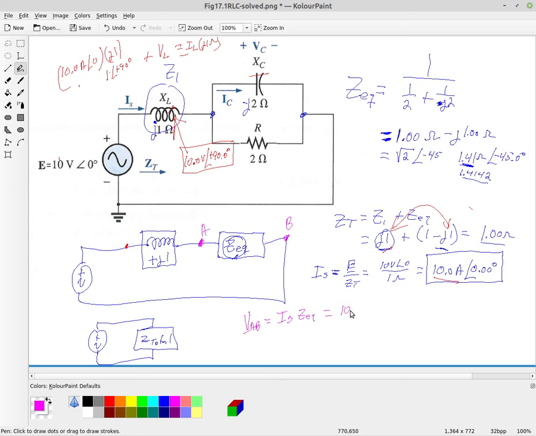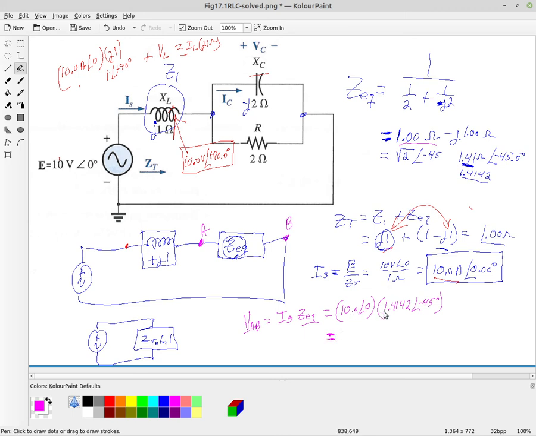So that was 10 amperes times this equivalent, which is 1 ohm minus J1 ohm, which in polar form is 1.4142 at an angle of minus 45 degrees.